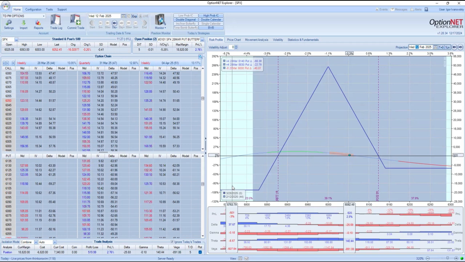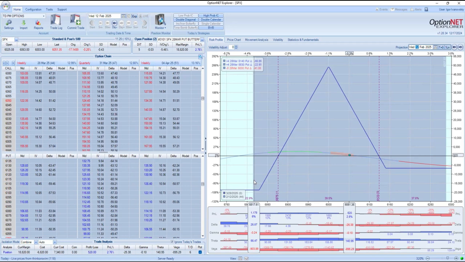That's your risk, right? $4,700, not the $1,700 that you paid as a debit to put this trade on, but you actually had to put up $4,700 with your broker to put this trade on, assuming your broker only takes buying power for one side of this trade.